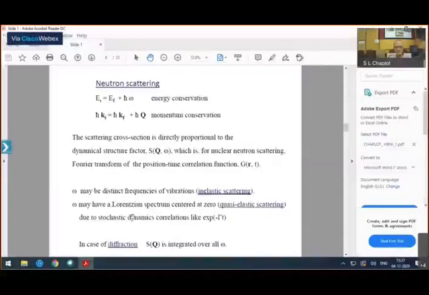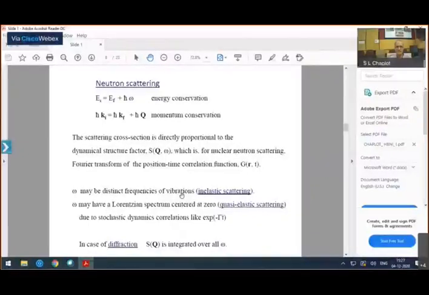On the other hand, if the time correlation is stochastic in nature, say a function that may decay like an exponential function with a certain time constant, then its Fourier transform, as you know, is a Lorentzian function. And so you may have a scattering which is a Lorentzian spectrum centered at zero energy or zero frequency, and that is called quasi-elastic scattering.